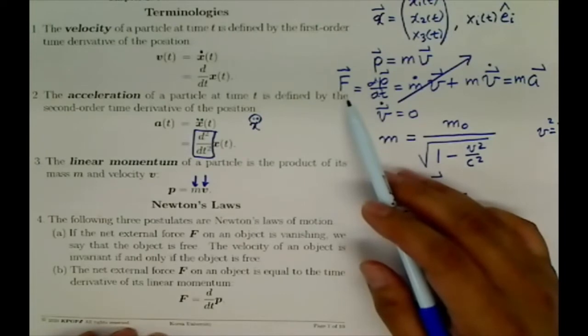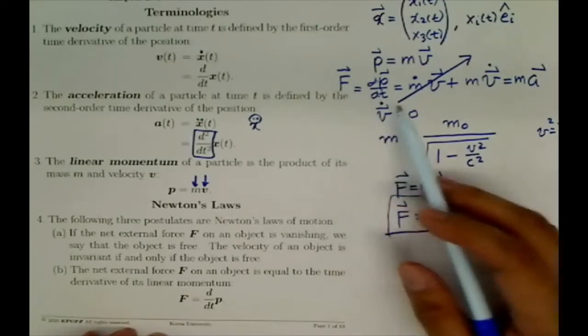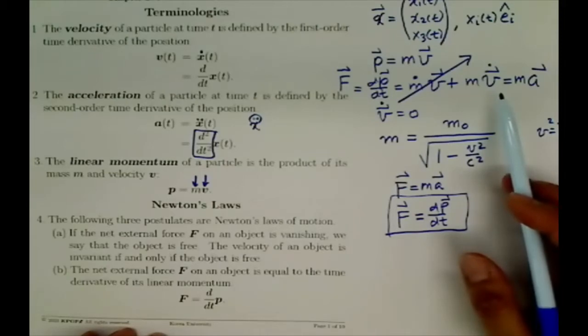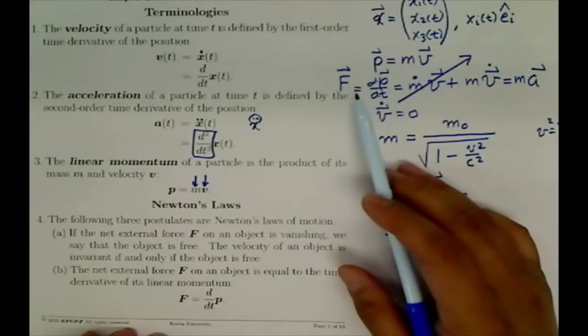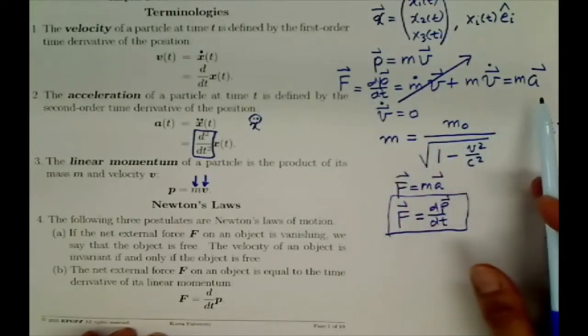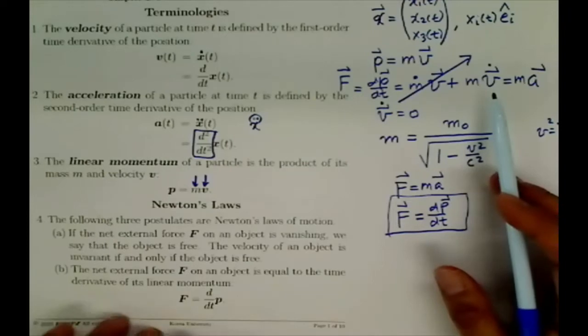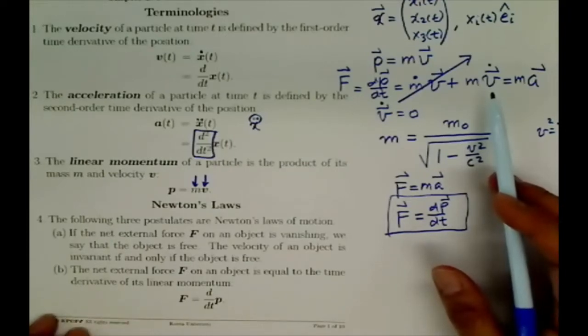F equals 0 in non-relativistic theory, mass times acceleration equals 0 if there is no force. Acceleration equals 0 means the time derivative of velocity is 0. That means the velocity is a constant motion.